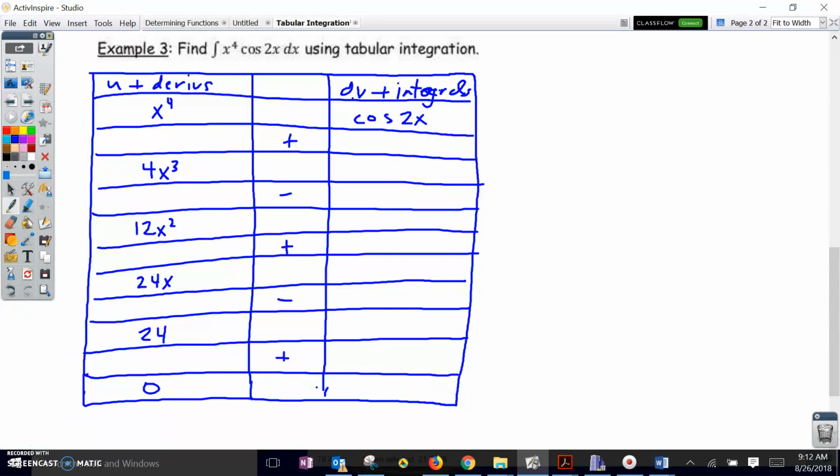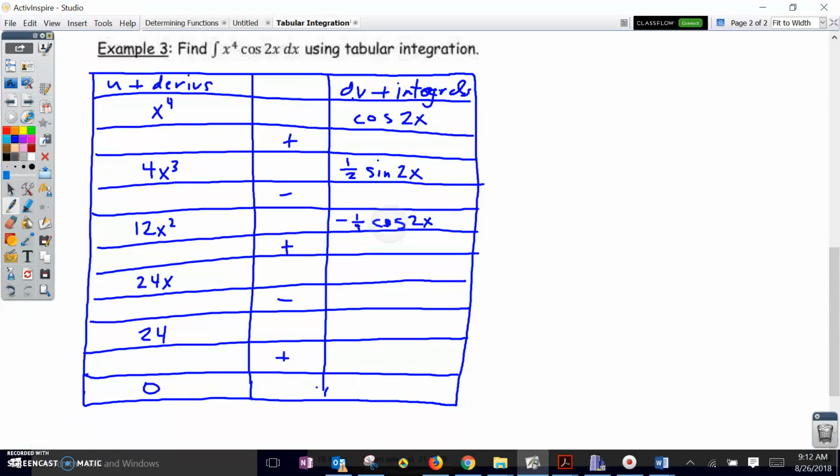And let's see, the integral of cosine of 2x is going to be 1/2 sine of 2x. Don't forget to apply the chain rule in reverse when we're taking these integrals. And then the integral of 1/2 sine of 2x is negative 1/4 cosine of 2x.